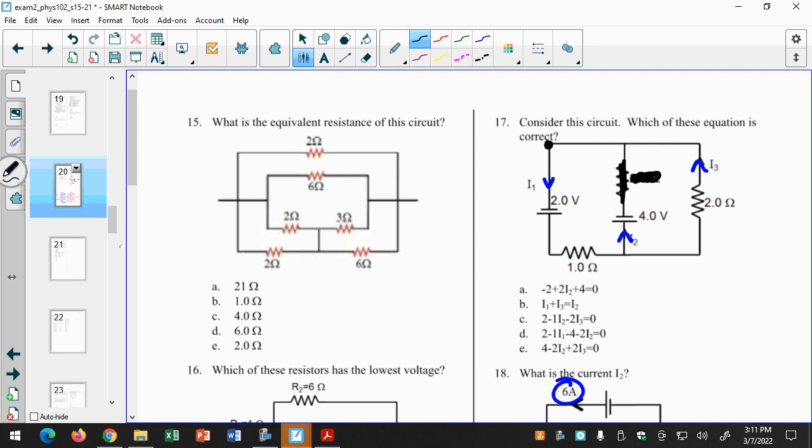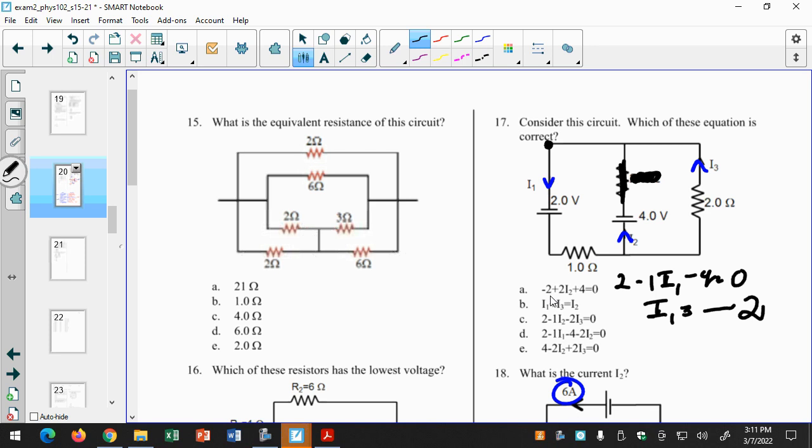I'm going to start here. I get 2 minus 1 I1 minus 4 equals 0. I'm going to go ahead and solve this for I1. I get I1 equals negative 2.